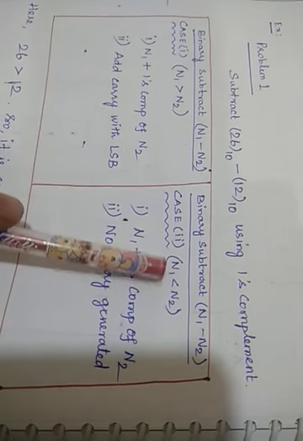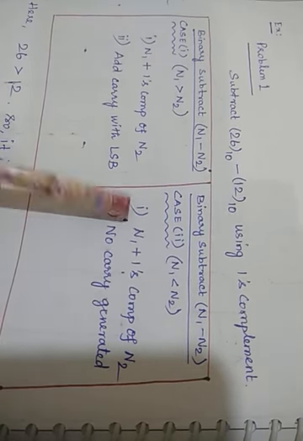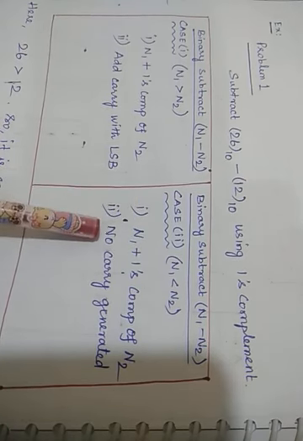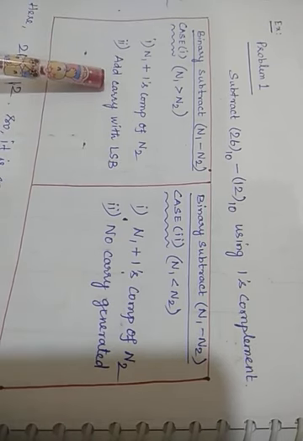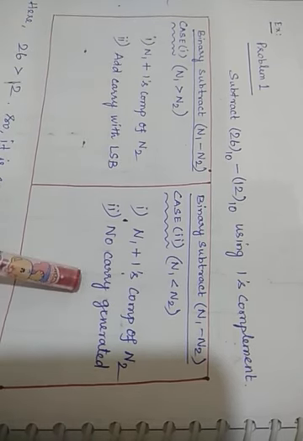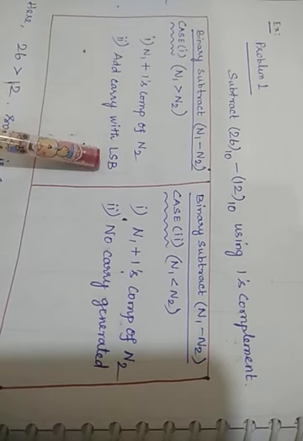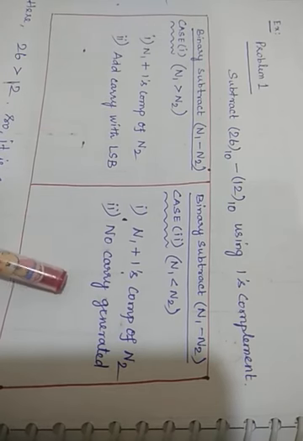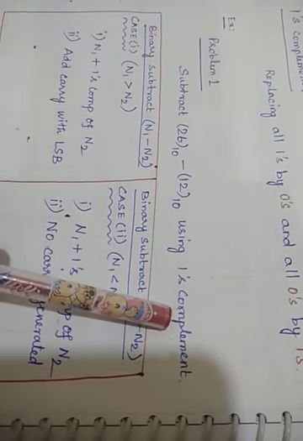Case 2: if n1 is less than n2, first step is n1 plus 1's complement of n2. Second step is no carry generated. Here carry will be generated, here carry will not be generated. Here you need to add the carry with LSB, here no carry. Remember this.